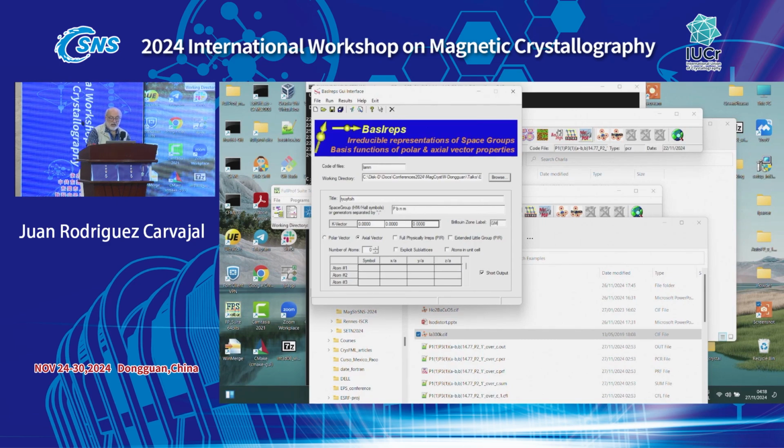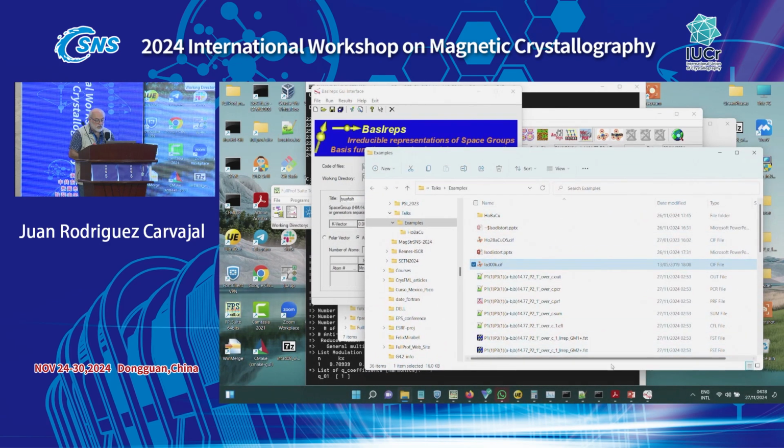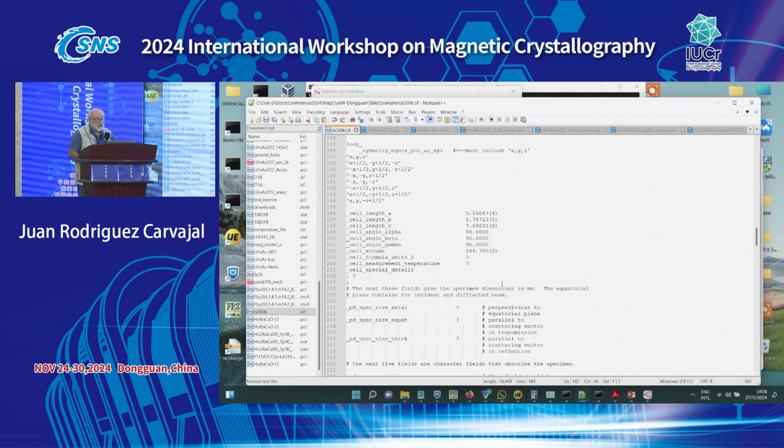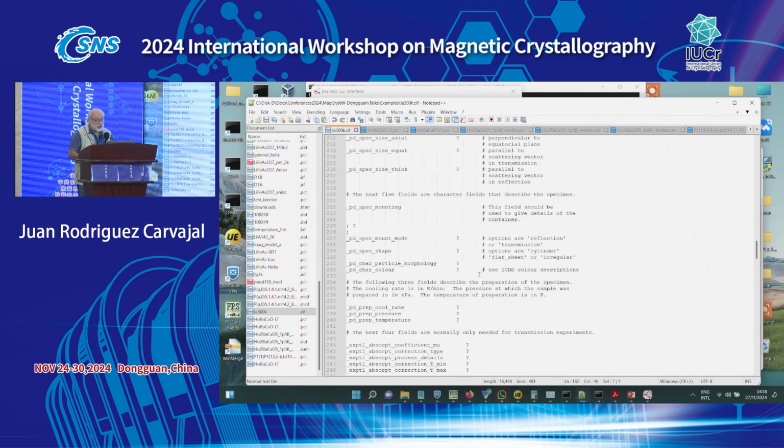Normally you can put AM. We are working with axial vectors, and then the number of atoms is only one, manganese. And then I don't remember, I will have a look into the position of the atom that was here. Let me see. These are the unit cell. Here we don't need the unit cell for a moment.